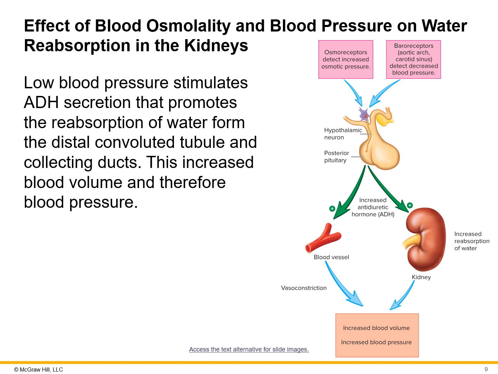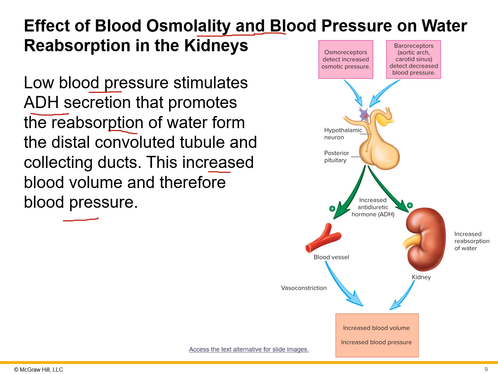Now, if we look at the effect of blood osmolality, so thinking more about solute concentration and blood pressure. What happens with low blood pressure, so similar to the renin, this stimulates antidiuretic hormone to be secreted that promotes reabsorption. And that's going to increase the blood volume and therefore the blood pressure.